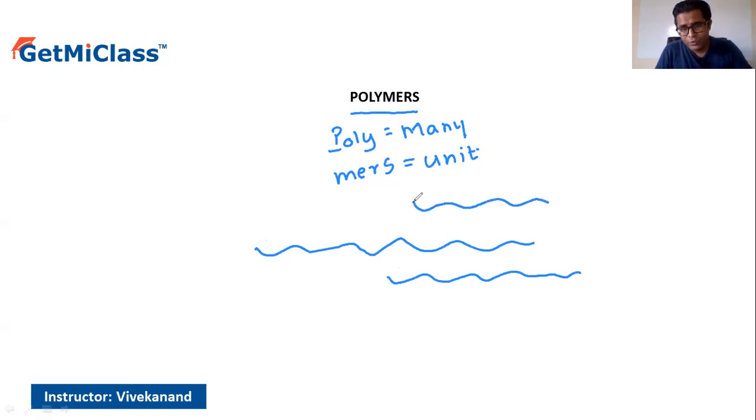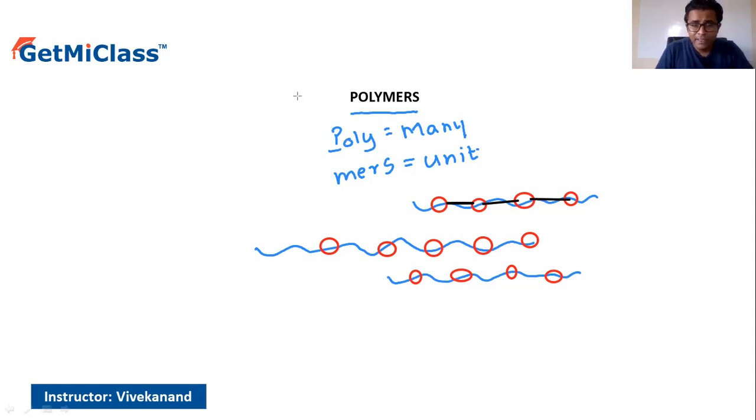These huge chain-like structures are formed from a series of smaller units. These smaller units are connected to each other with the help of covalent bonds. So remember this, the bond present between the two smaller units is a covalent bond. So there is a covalent bond over here, here, like this.